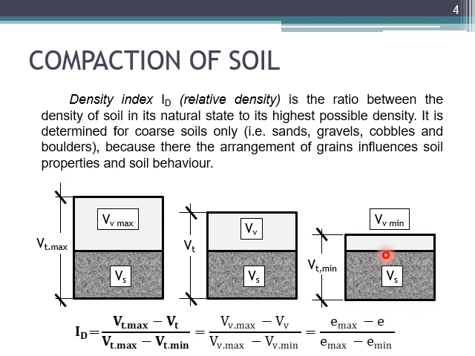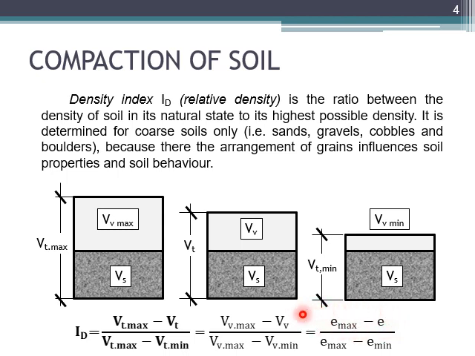So what can be changed in the soil sample refers only to the voids. That's why we can calculate ID using either the total volume or the volume of the voids or the void ratios.